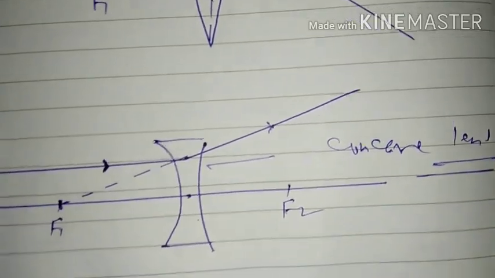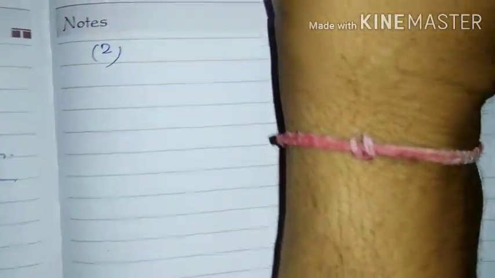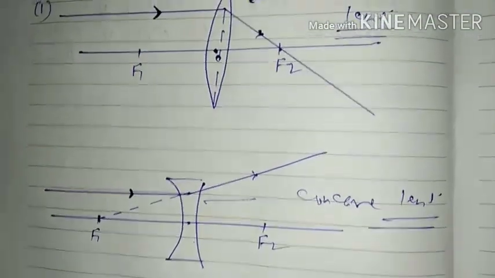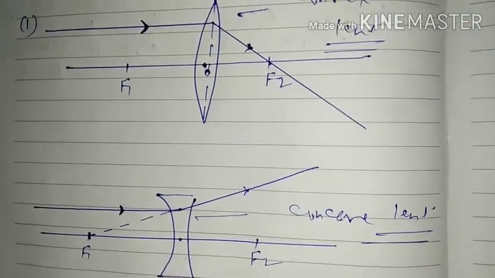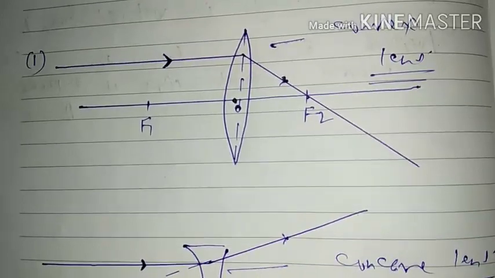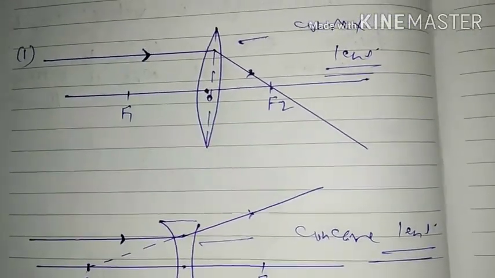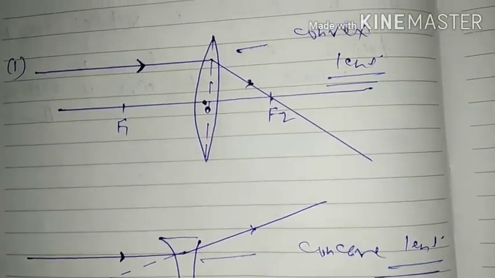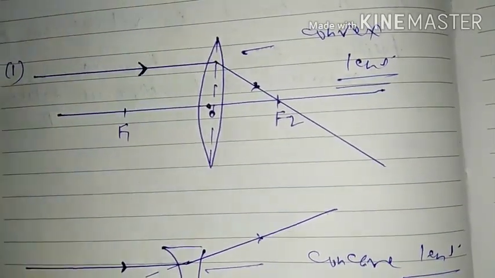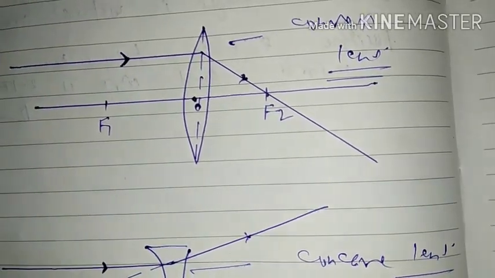This was rule first. Now second rule, there are four special cases, and as we learn certain formulas to solve problems in different branch of our mathematics, similarly to trace ray diagrams for image formation by spherical lenses, there are certain rules, and here we are seeing all the four rules.